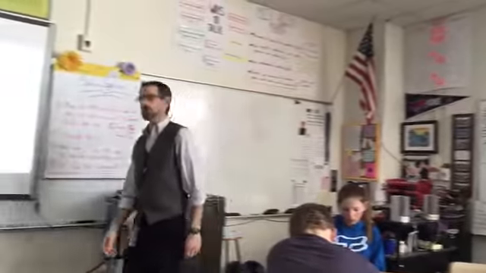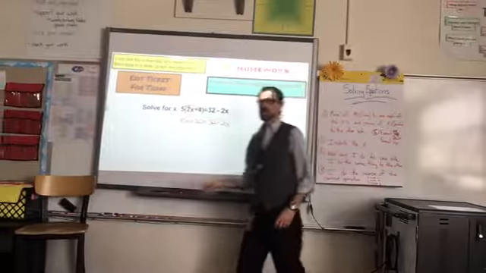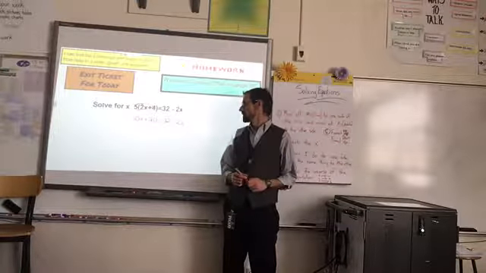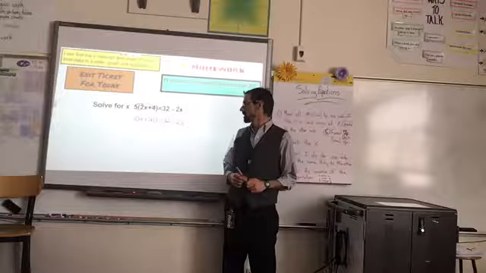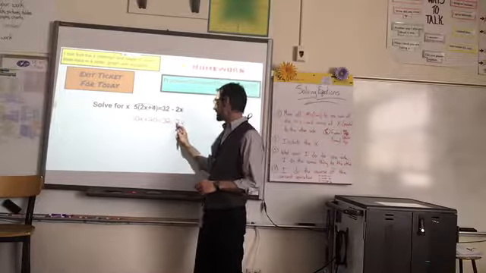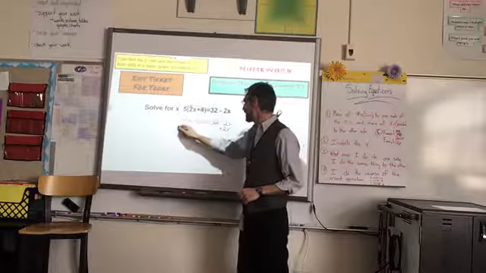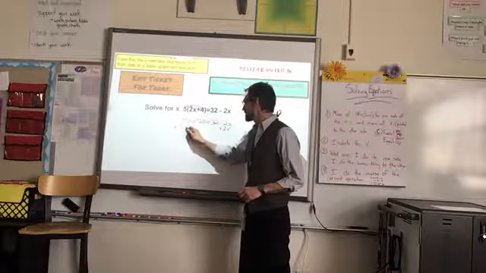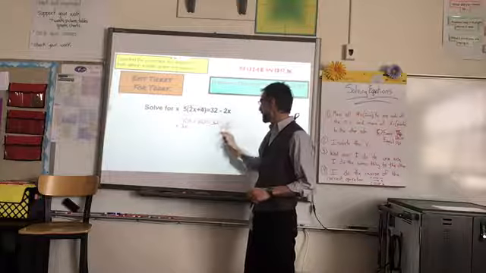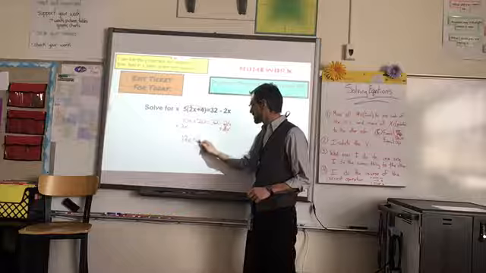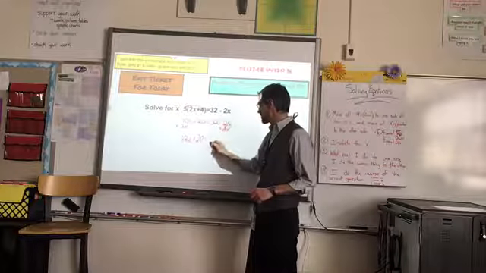So what's the next step? What can I do? Cyrus? You add 2x. All right, so I'm going to add 2x to both sides. So that disappears. This becomes 12x plus 20 equals 32.